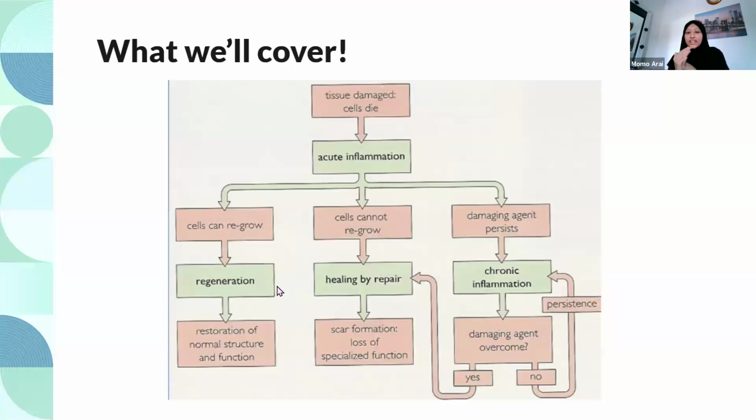So again, they will repair, meaning that they will not go back to their original function, not completely, but they will overcome that damage by forming a scar. You know this from general knowledge: if you cut yourself and the cut is too much, you'll get a scar, or a scab.